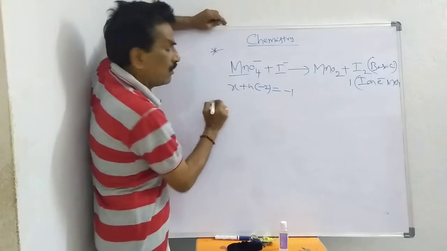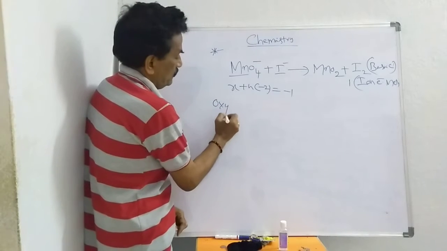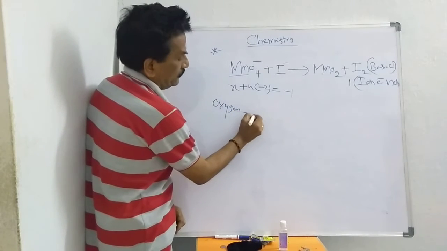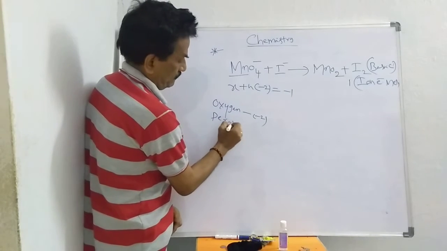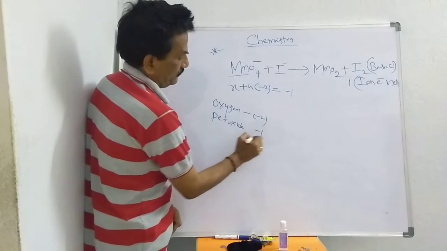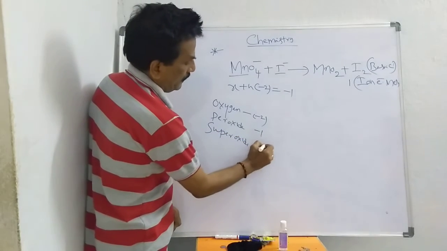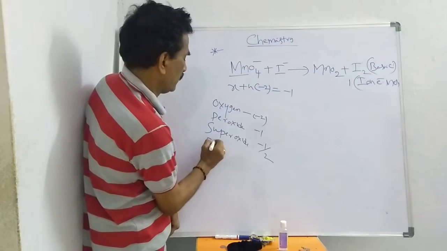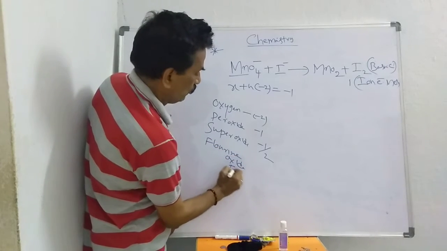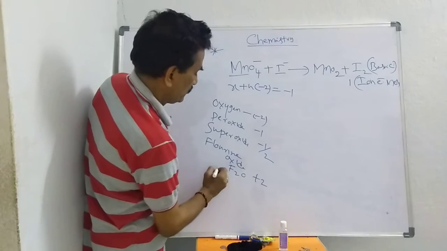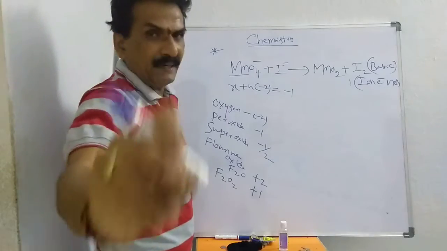You know very well, in all oxides, oxygen shows minus 2, in peroxides minus 1, in superoxides minus half, in fluorine oxides F2O plus 2, F2O2 plus 1. Kindly keep it in mind.